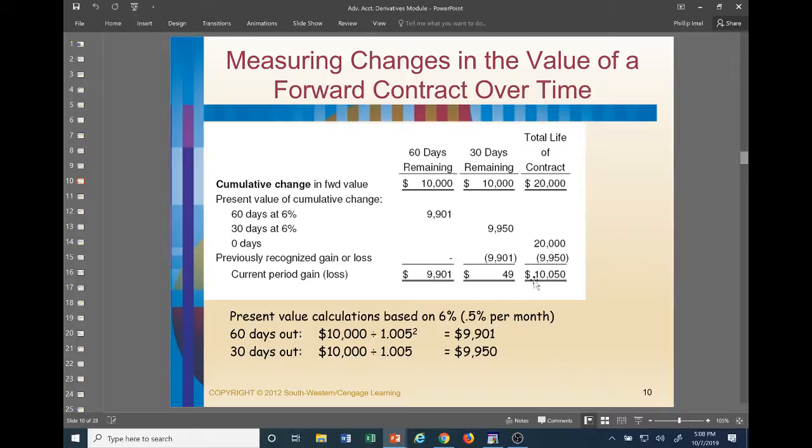And obviously the difference between 20,000 and 9,950 is 10,050. The 9,950 is the previously recognized gain or loss. So for the total life of the contract, the current period gain is going to be 10,050.